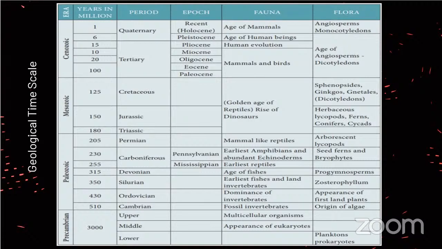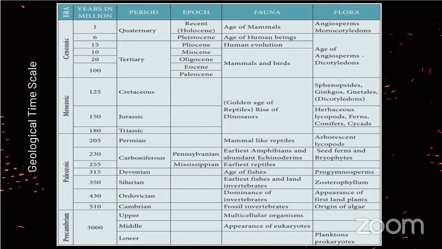The rise of dinosaurs. When we talk about the Jurassic era, we particularly have to talk about the dinosaurs, and this is the golden age of the dinosaurs. Next, after the Mesozoic, the Cenozoic is divided into Tertiary and Quaternary.